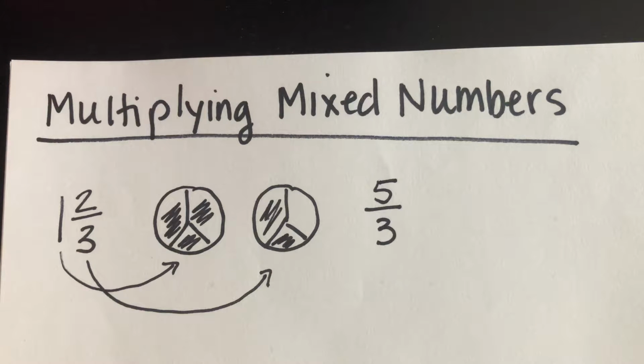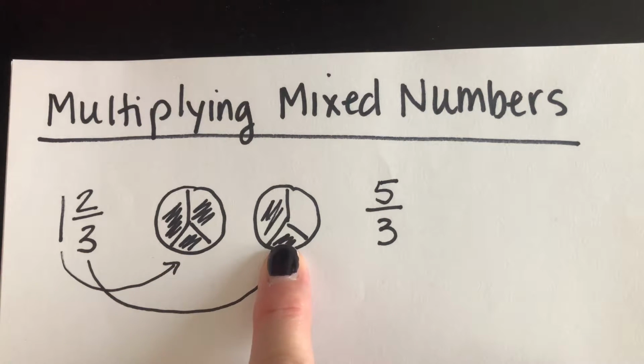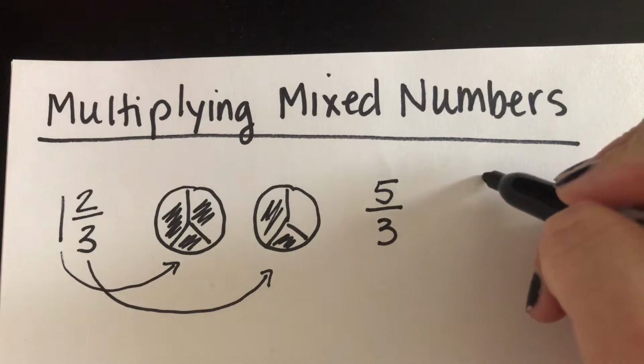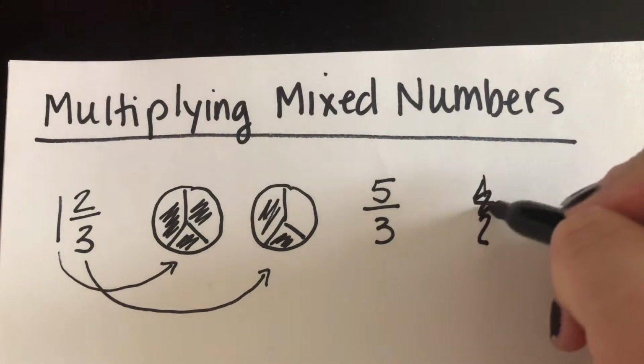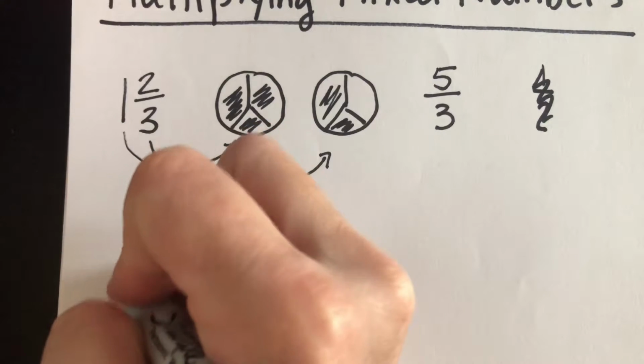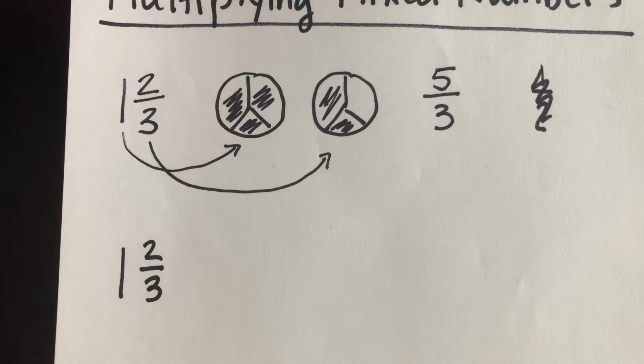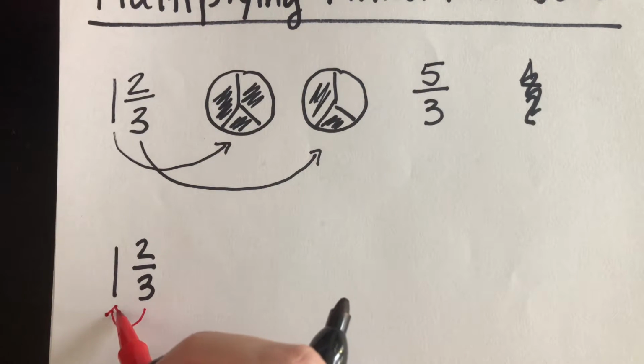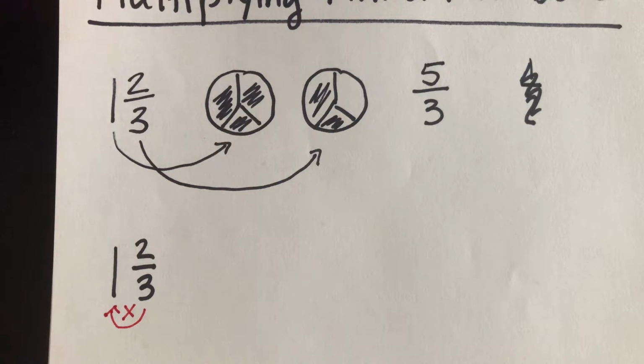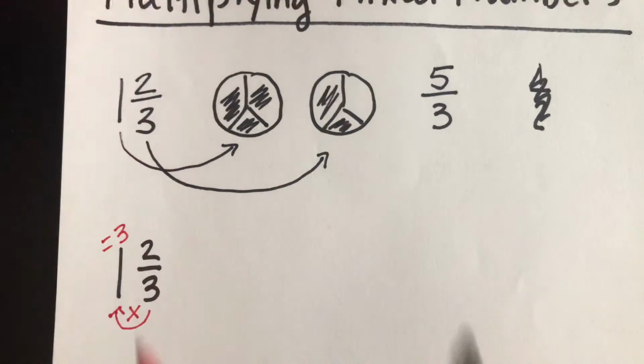Now, when you're multiplying mixed numbers, you're not going to have time to draw out all the pizzas. So what I'm encouraging you to do is do it the mathematical way. If I have 1 and 2/3, the first thing you're going to do is multiply 3 times 1, which equals 3.